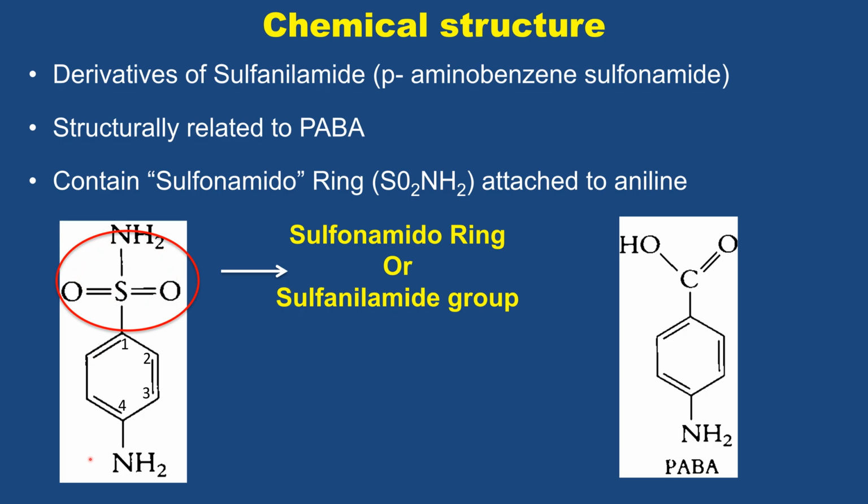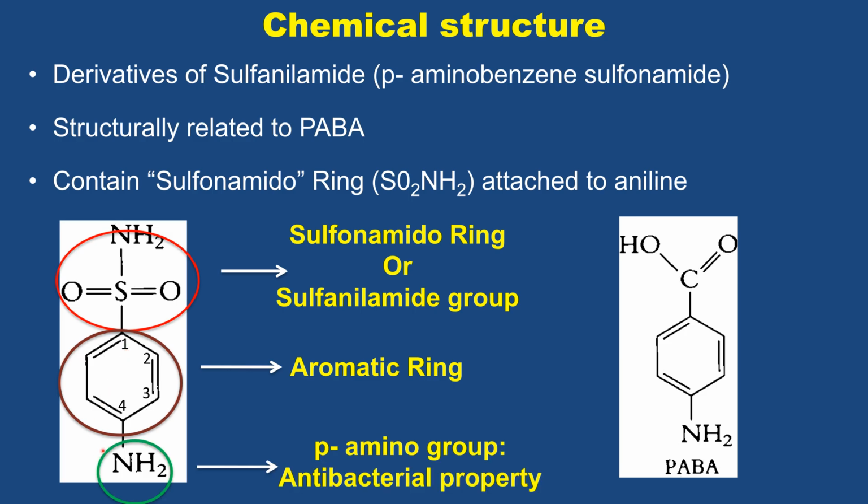This is the aniline, and it is connected to the first position of the aromatic ring, and in the fourth position there is a para amino group. So in the fourth position there is an amino group, and in the first position there is a sulfonamido group.